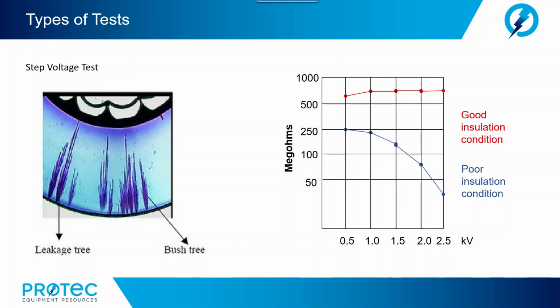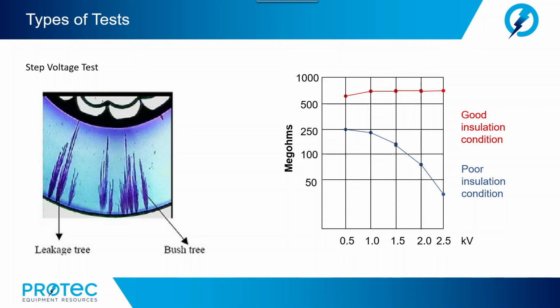Note that it is not necessary to reach the design voltage of the insulation for these defects to become apparent, since we are simply looking for ionization in the defect. The step voltage test follows exactly this principle and can be employed usefully at voltages reaching 2,500 volts and upwards.